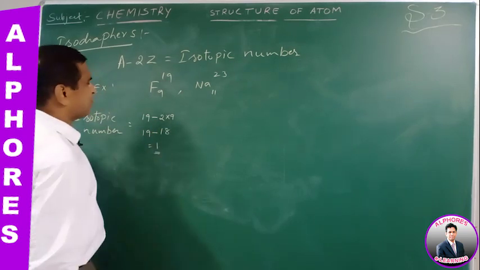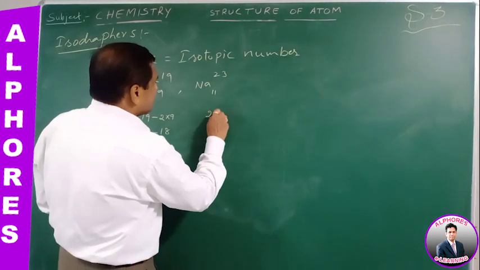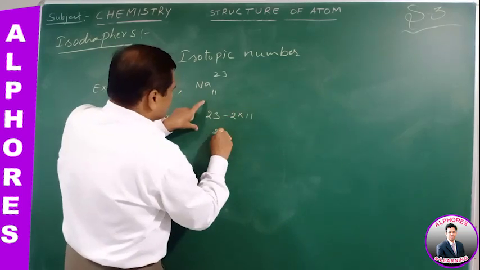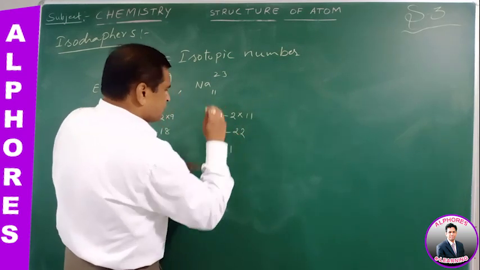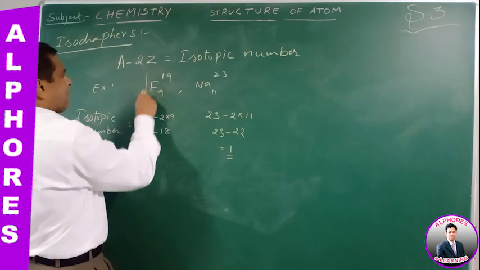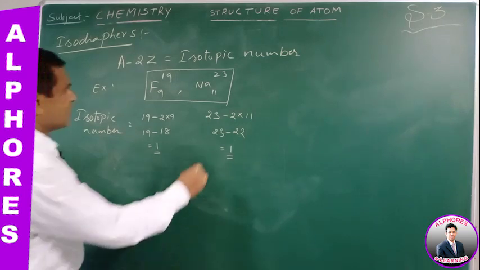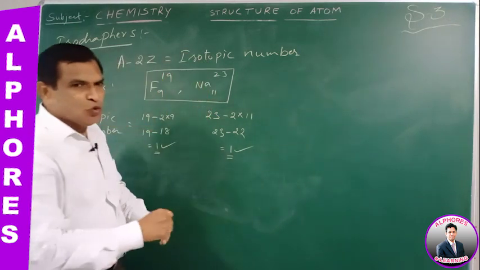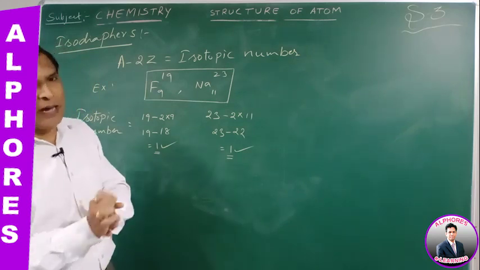The isotopic number of fluorine 19 is 1, and for sodium 23, it is 23 minus 2 into atomic number 11, so 23 minus 22, which equals 1. So both species, fluorine 19 and sodium 23, are called isodiaphers because they possess the same isotopic number. So this is the concept of isodiaphers.